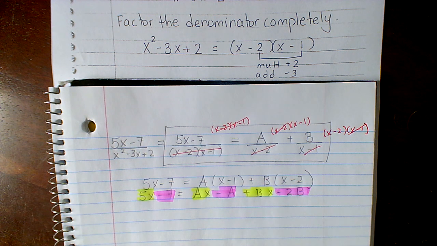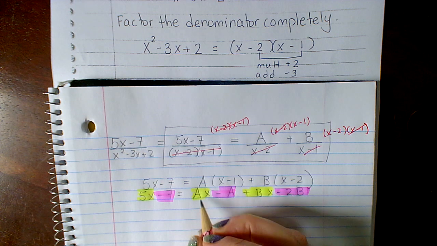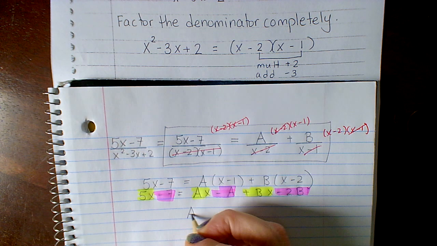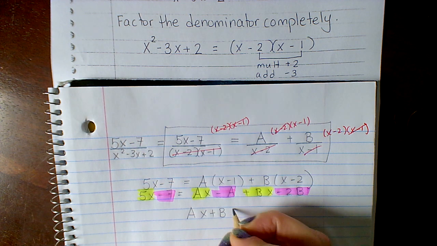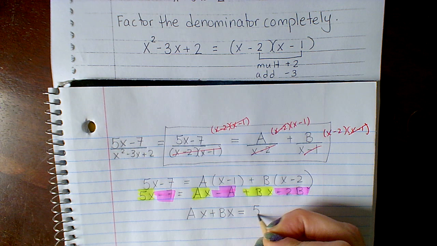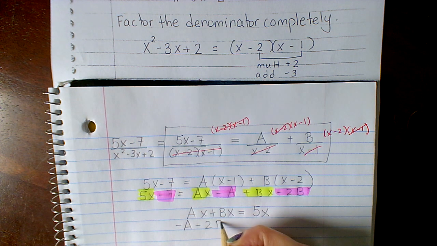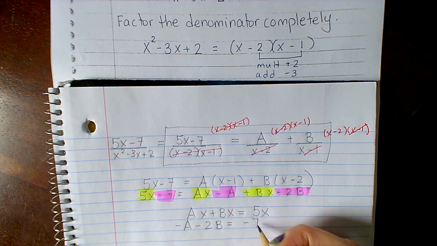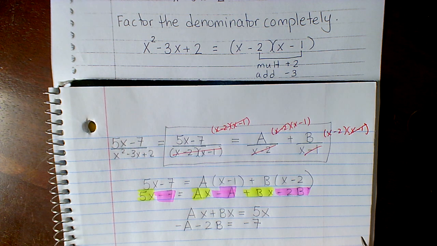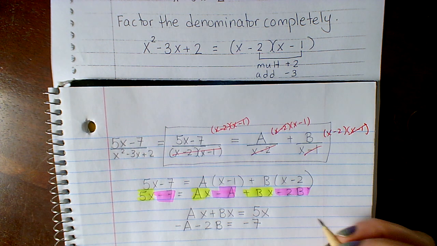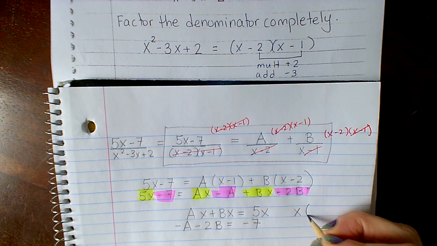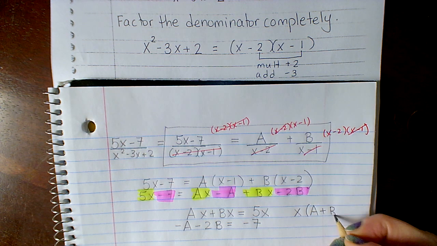So what that means is if I look at this yellow stuff, ax plus bx has to be 5x, and negative a minus 2b has to be negative 7. If I take the x out of that, I get that a plus b must be 5.